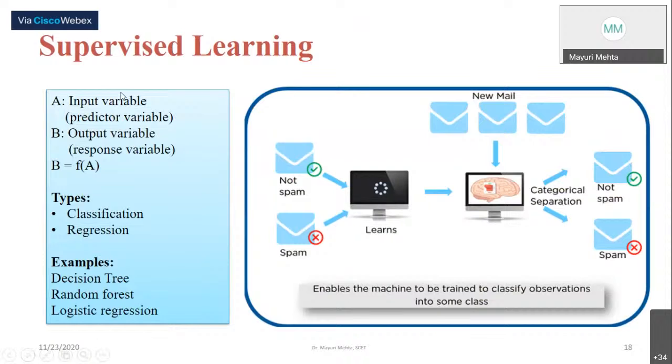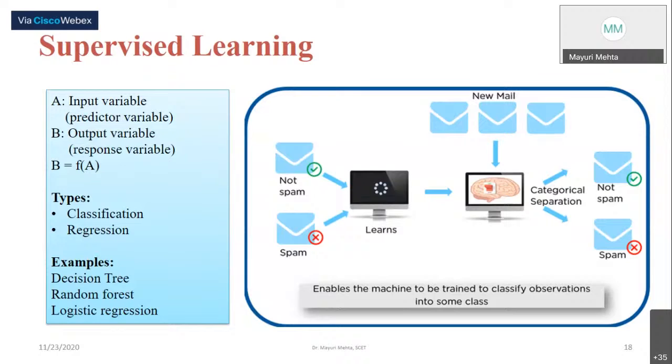Here you can see the terms we discussed: input variable, which is known as the predictor variable, and output variable, known as the response variable, right? So it takes this training data, which consists of input variable and output variable, right? The main objective here is to learn an association between the predictor variable and the response variable.